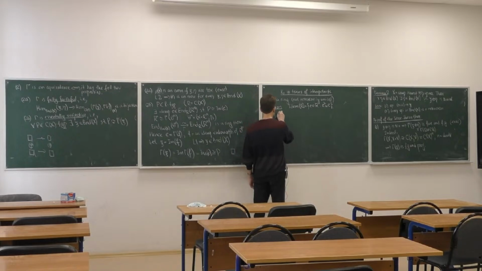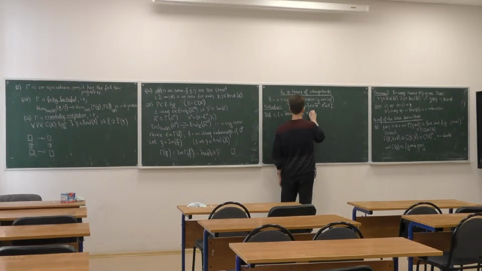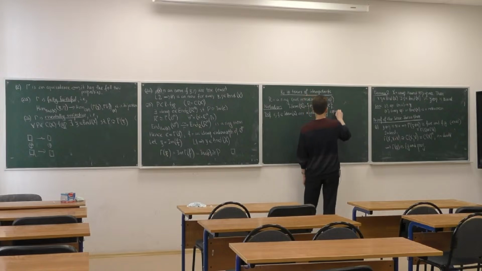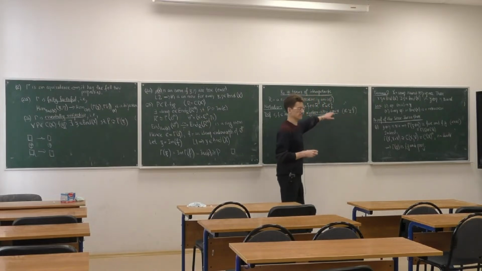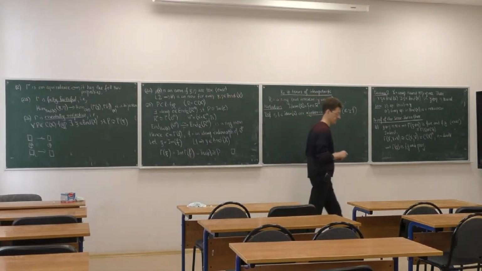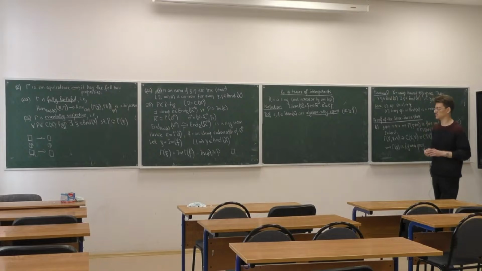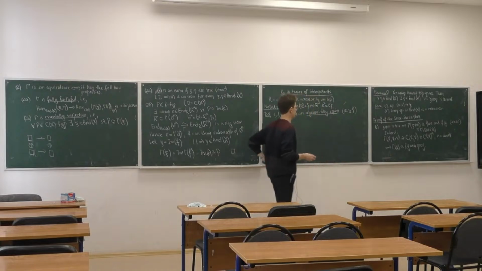We say that two idempotents, E and F, in R, are algebraically equivalent, and we will use the following notation. So little a is for algebraically. Later we will introduce several different equivalence relations for idempotents, and in particular for projections in C-star algebras. And so that's why I put little a here.